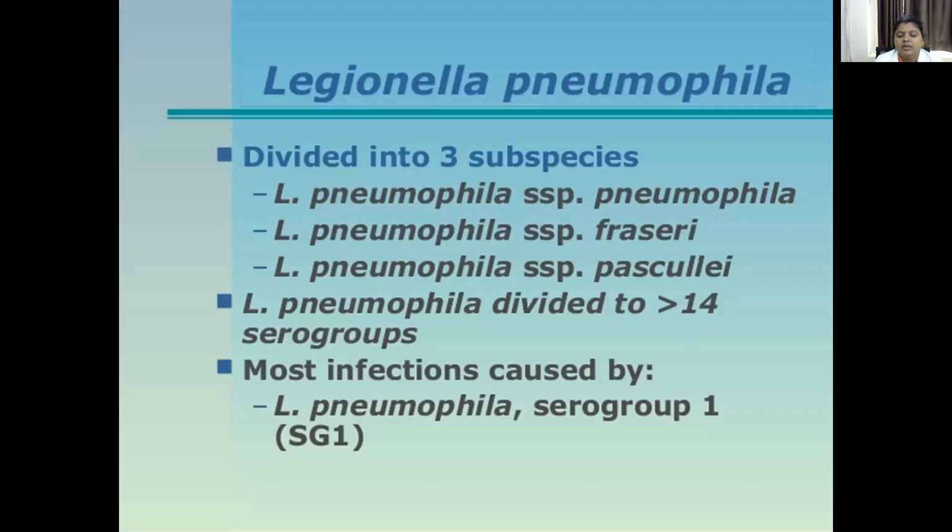Again, this Legionella pneumophila, which is a medically important human pathogen, is divided into 3 subspecies. They are Legionella pneumophila subspecies pneumophila, Legionella pneumophila subspecies fraseri, and Legionella pneumophila subspecies pascullei.